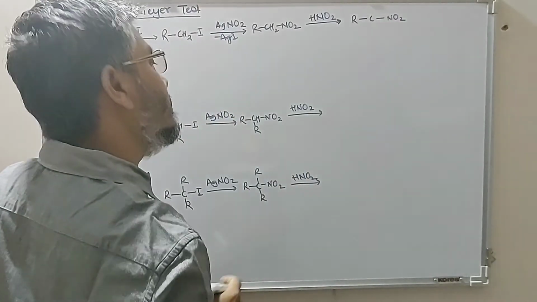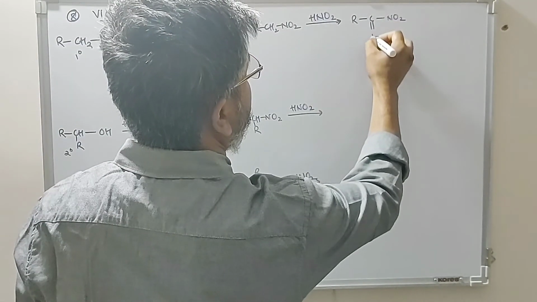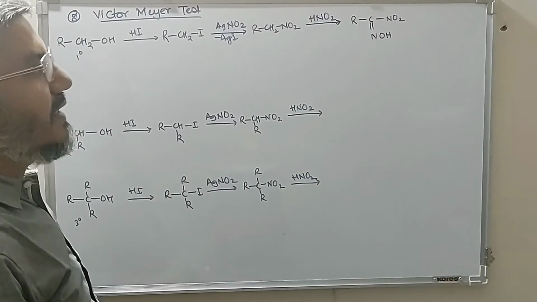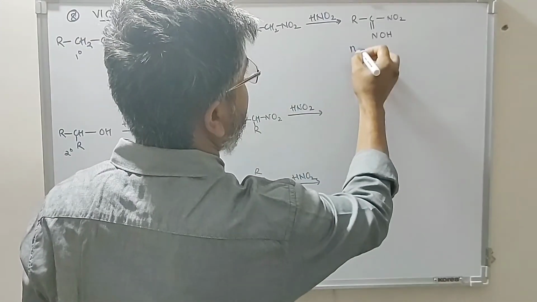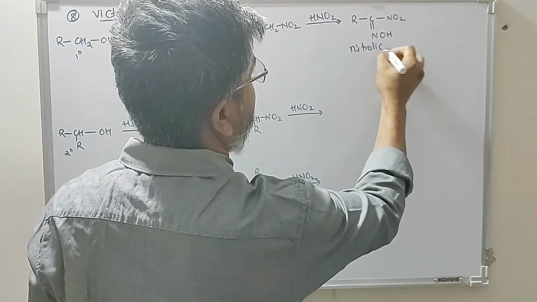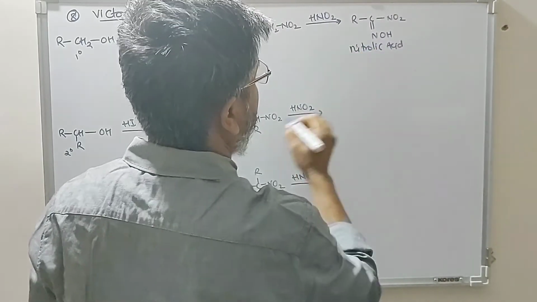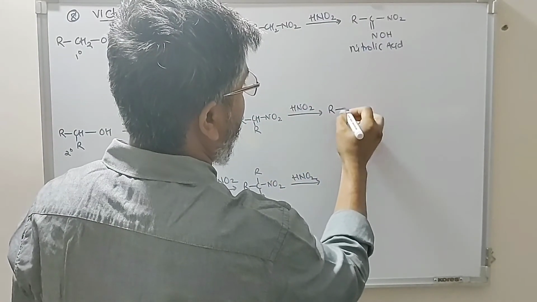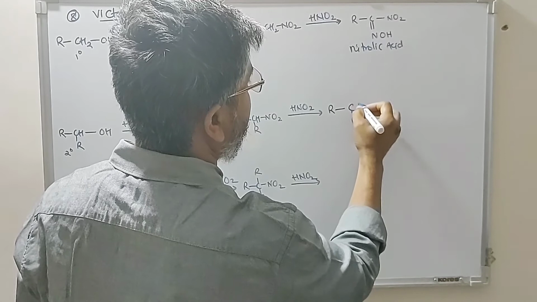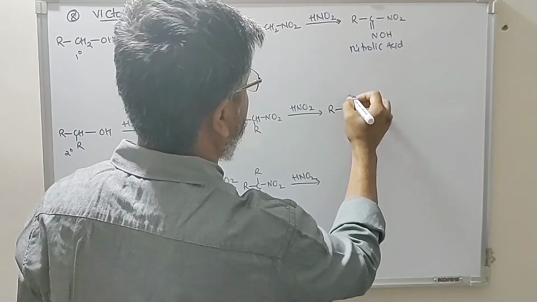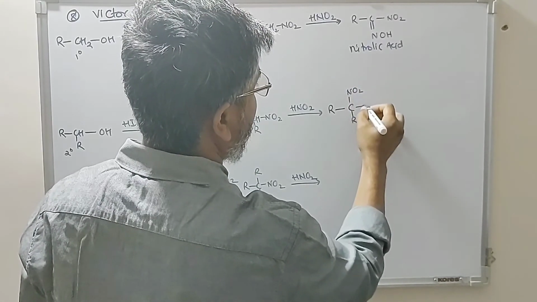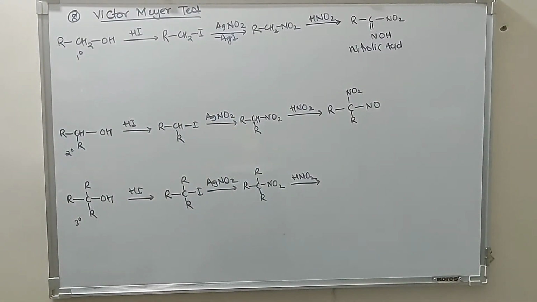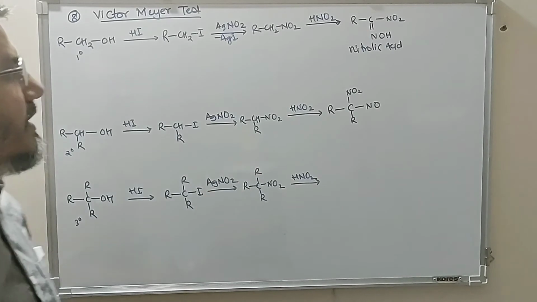RC(NO2)=NOH, which is known as nitrolic acid. And the secondary gives RCR(NO2)NO, which is known as pseudo-nitrol.